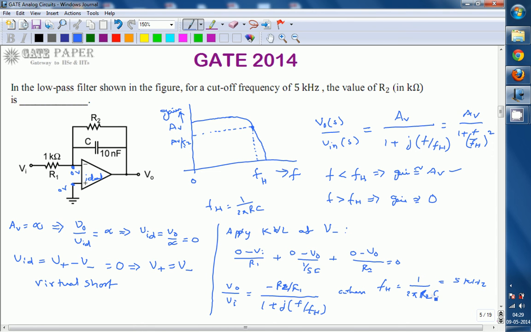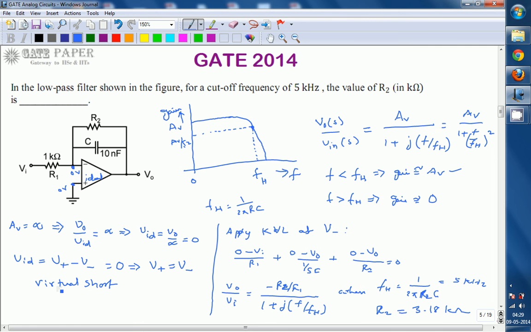So from this we know the value of C, and you can calculate the R2 value. With C as 10 nanofarad given, R2 is equal to 3.18 kilo ohms.